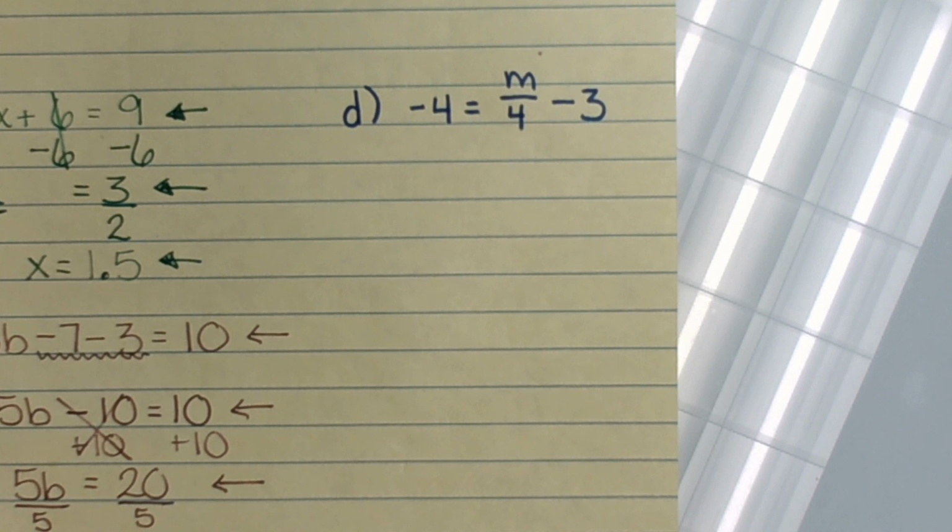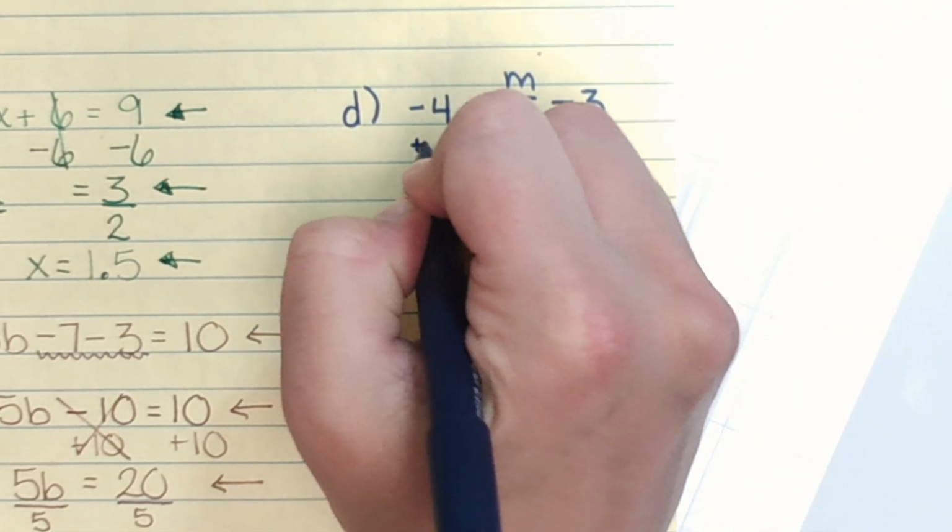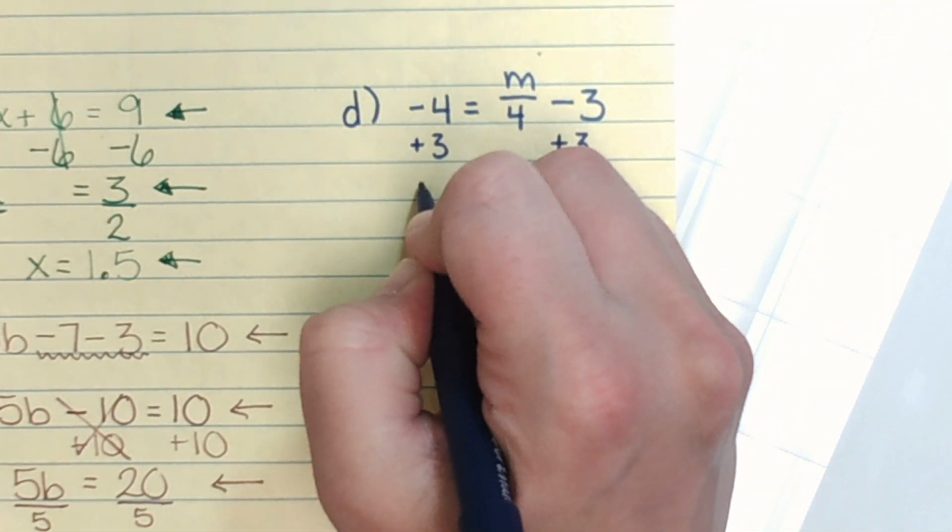What do you think comes first? Add the 3. Because, again, PEMDAS backwards. If you see adding and subtracting, it's generally what we do first. The only rule against that is if there's groupings involved.